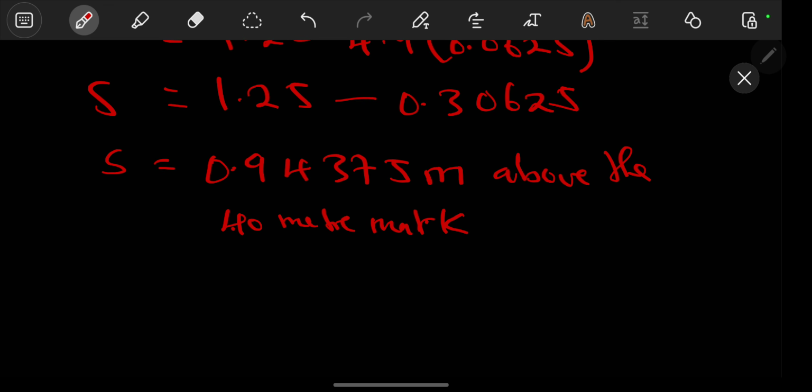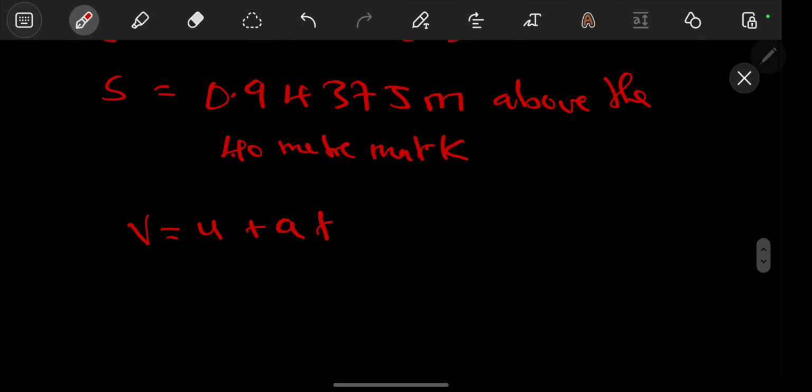Then let us find the velocity. So V should be equal to U plus AT. Using the same time, our V, which is the final velocity, we don't know. Our initial velocity is 5. Our acceleration is negative, so we put negative 9.8. Then the time taken is 0.25.